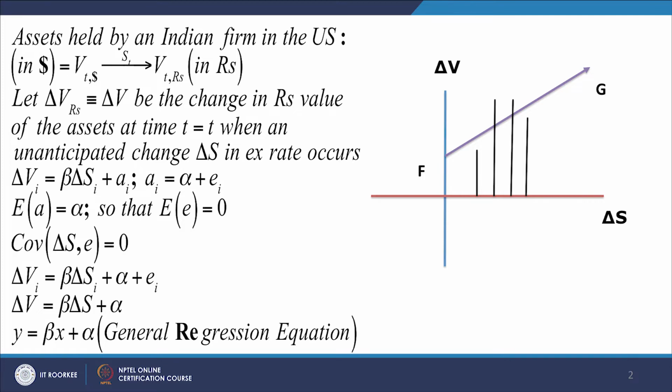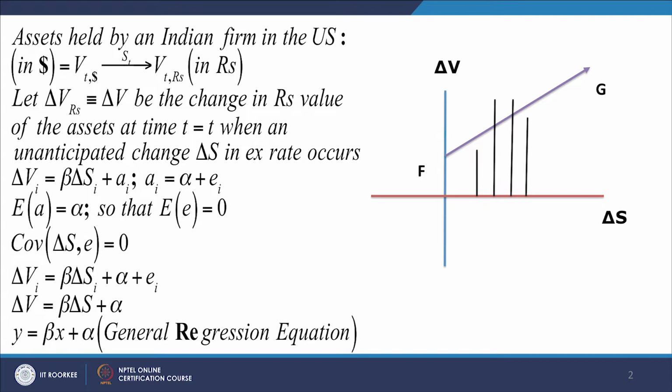The regression equation, that is the equation of the straight line, which is obtained by ordinary least squares regression, is the line that best fits the set of data. For each i we have a data point in this diagram, and the set of data points is best fitted by this straight line given by the expression y is equal to beta x plus alpha.